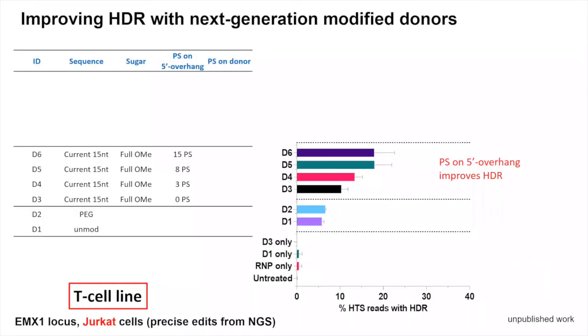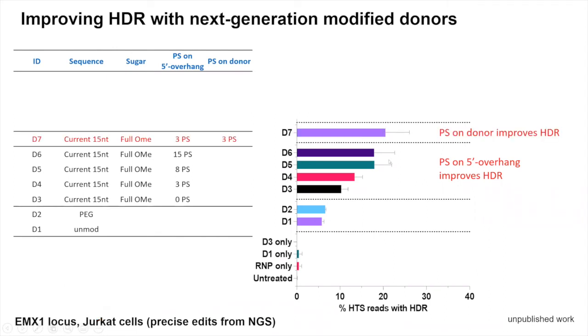So let me just show you a little bit of data. One of the systems where this might be most exciting would be in the engineering of T cells or other kinds of cell therapies. And so this is work done in a T cell line called Jurkat cells. D1 is an unmodified donor and D2 is modified with PEG only at the 5' end. And you can see that adding phosphorothioates through the 5' end, D3 through D6 with increasing extent of phosphorothioate, improves the extent of HDR.